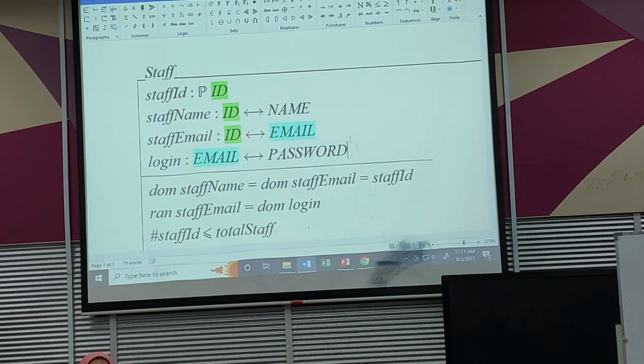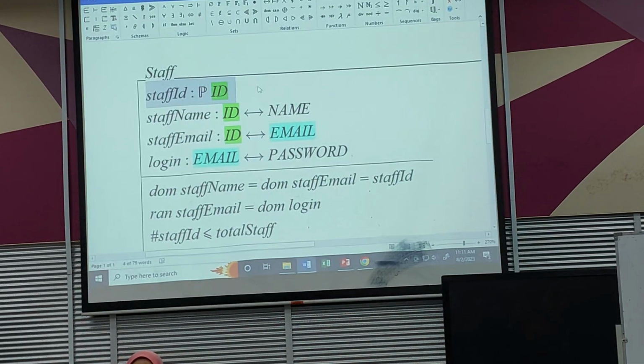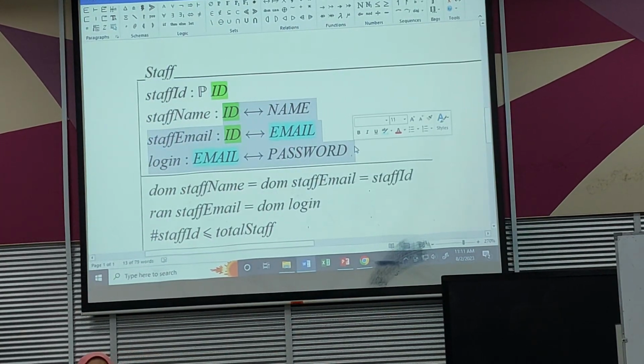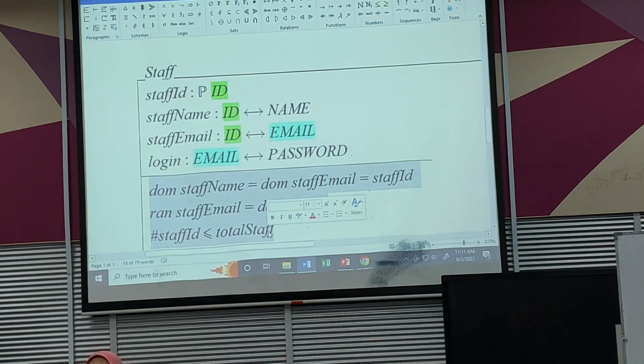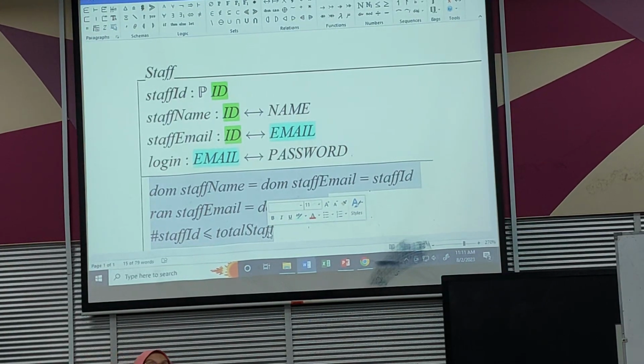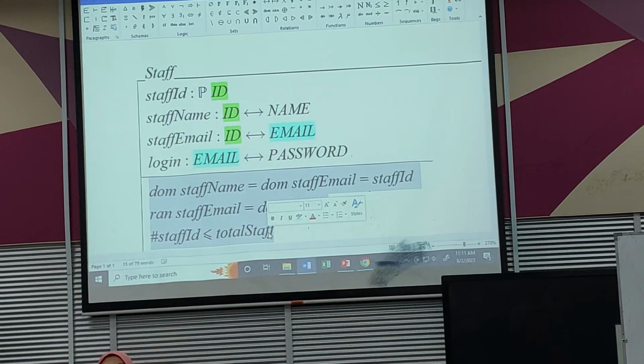But for the staff ID, because this is primary key, you remain it except the Cartesian product that you have removed the power set. The rest will be the same. You don't have to do anything. Whatever that you have in your predicate part, you remain the same. No need to worry, is it going to be domain or you have done with the Cartesian?